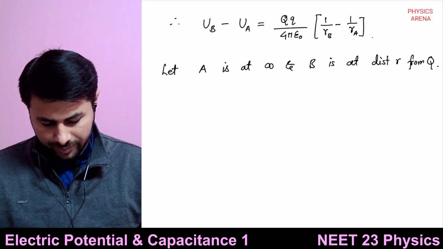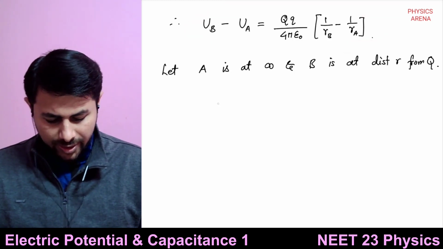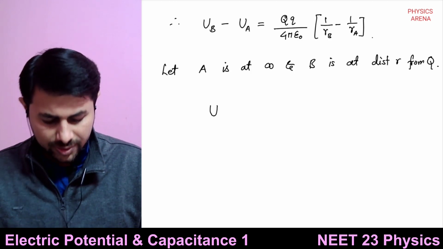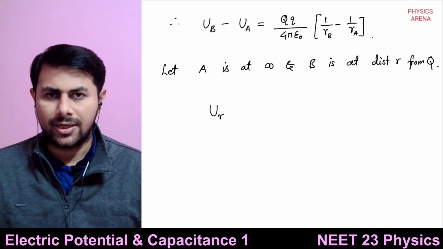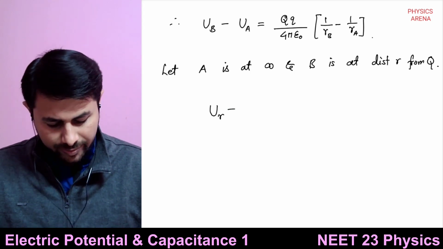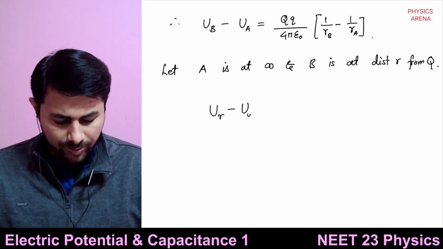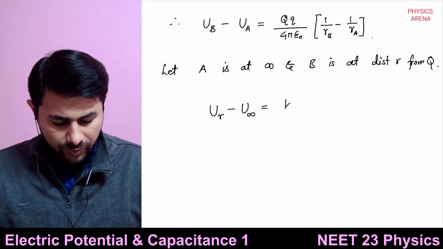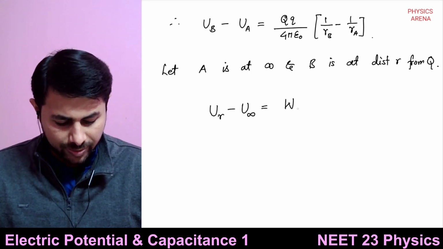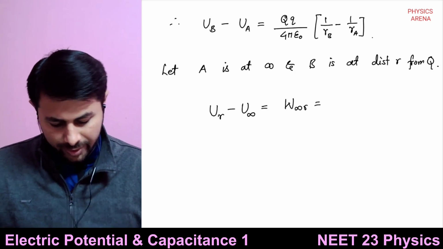So now our formula will become what? It is the potential energy at the final point, the final point being at distance r, minus the potential energy at the initial point. The initial point is infinity. So it will be equal to the work done to bring a charge from infinity to distance r, right?